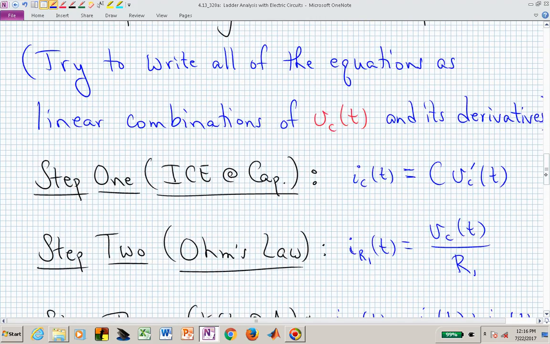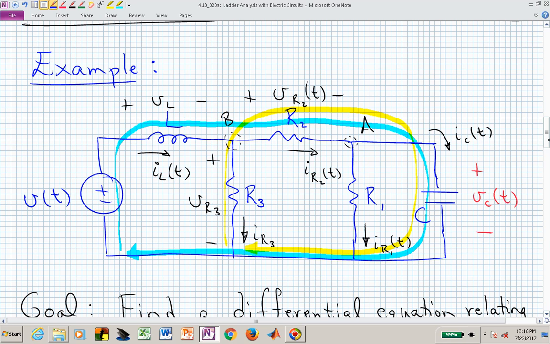We're back basically to where we wanted to end up, which was at the terminal of our voltage supply, V of t. We now simply have to write a KVL equation around that blue highlighted region.